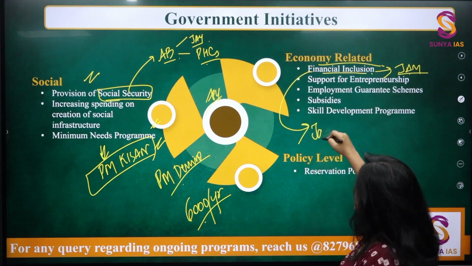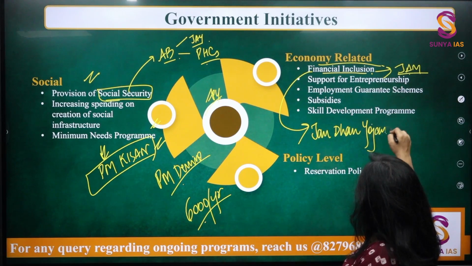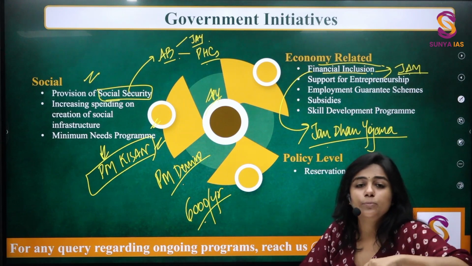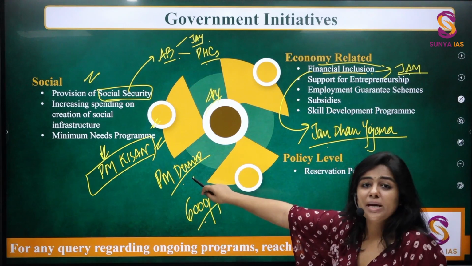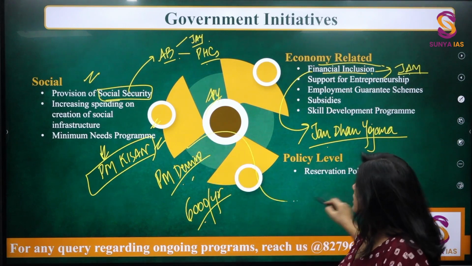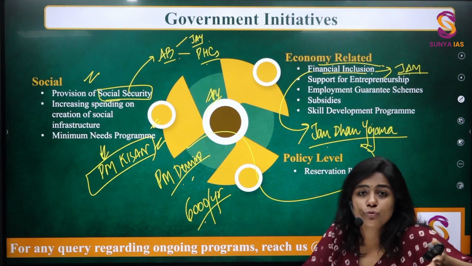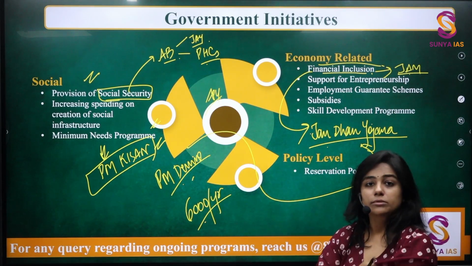Pradhan Mantri Jan Dhan Yojana, which has created bank accounts for the poorest of the people, so that when something like this is announced, PM Kisan, people do not have to rush to the bureaucrats, the babus, to get their money. They can directly get their money in this bank account, right?